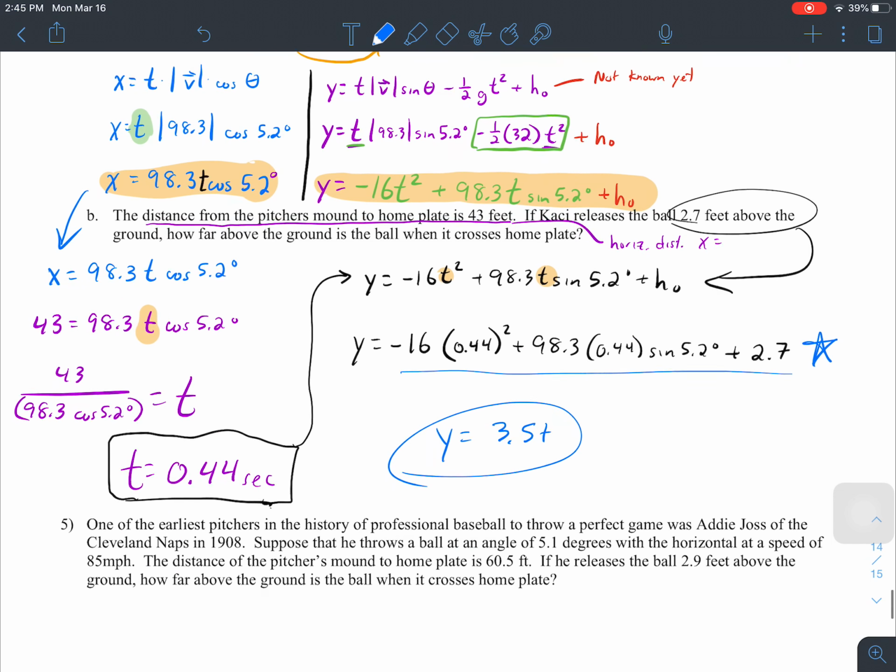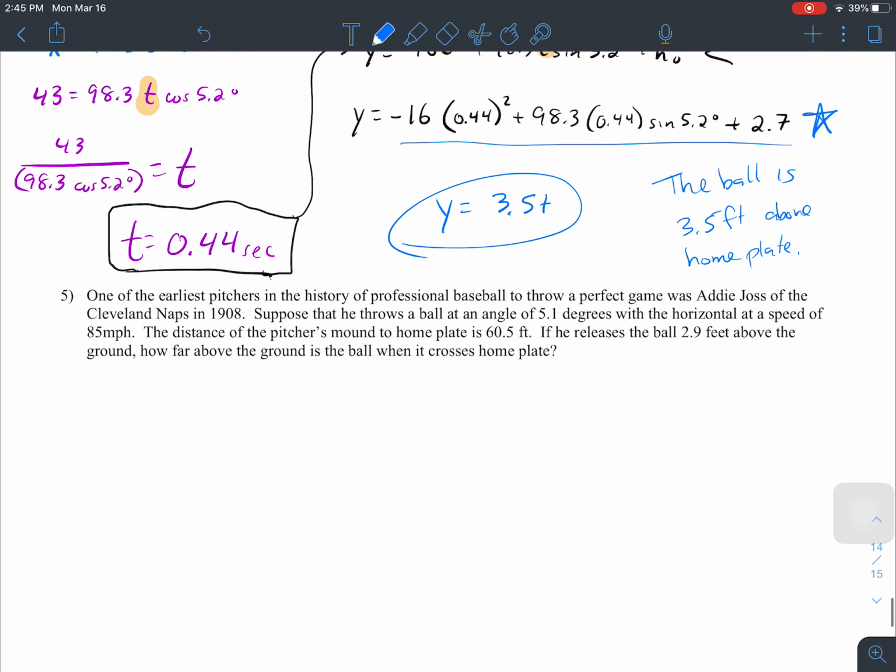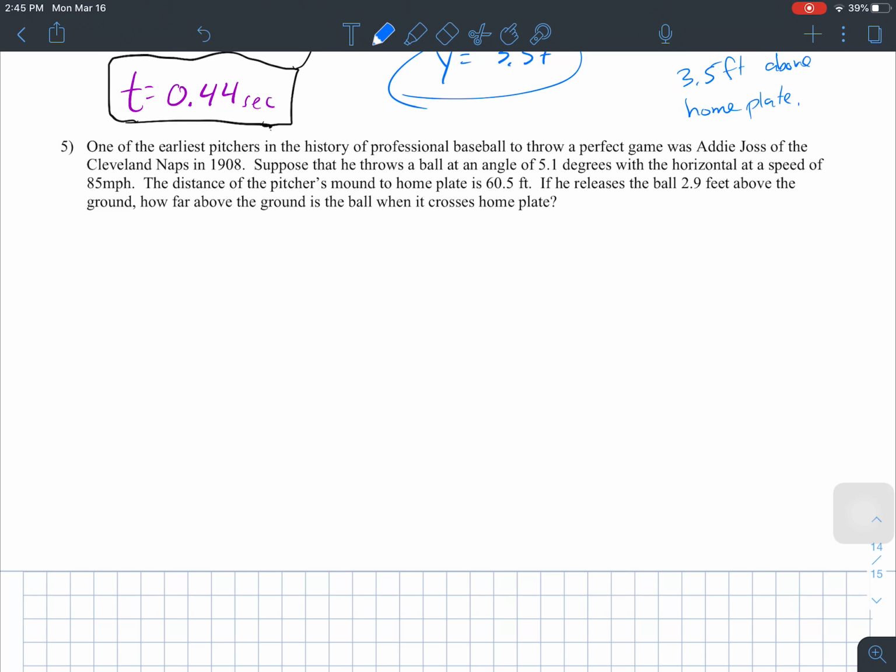So to answer the question, how far above the ground is the ball when it crosses home plate? The ball is about 3.5 feet above home plate. So when you're dealing with the two parametric equations, make sure that you choose the easiest one to solve for t, which is the x, and then use that to find your y.